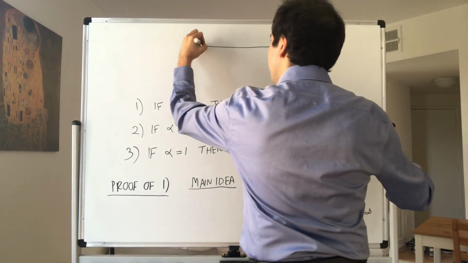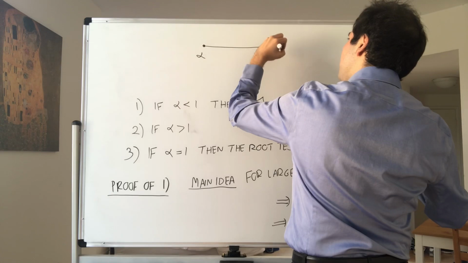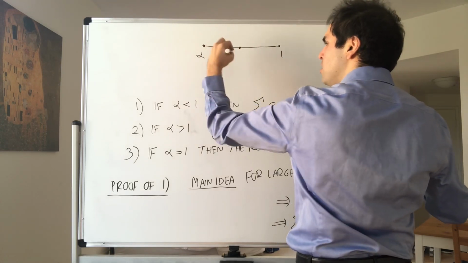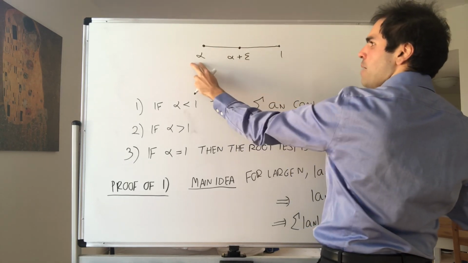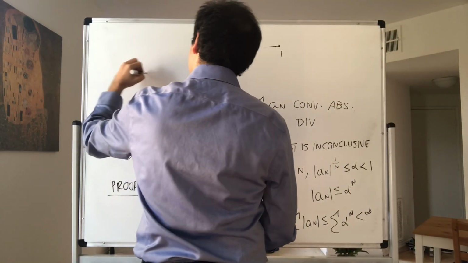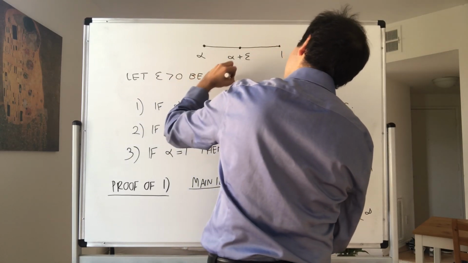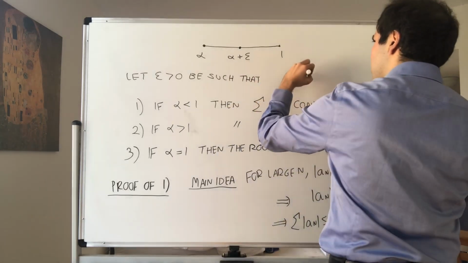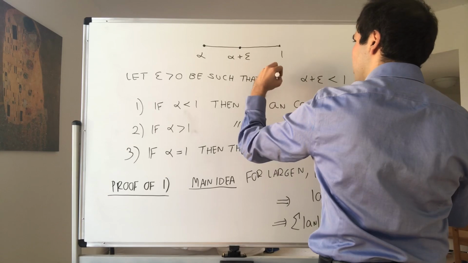Just like the ratio test, we need some wiggle room between alpha and 1. So let epsilon be such that alpha plus epsilon is less than 1, and of course greater than alpha.